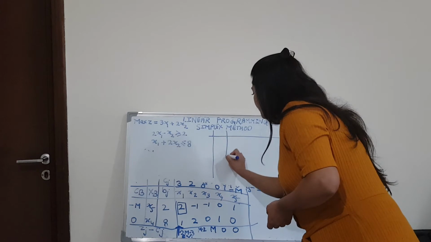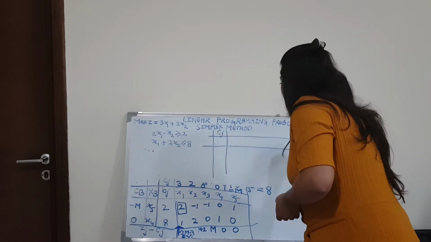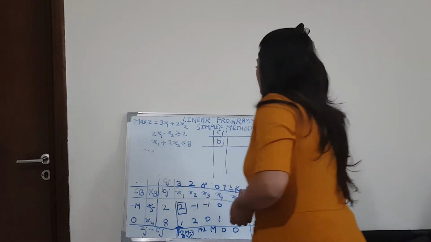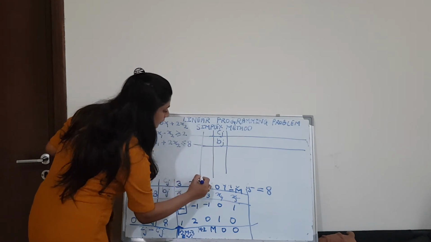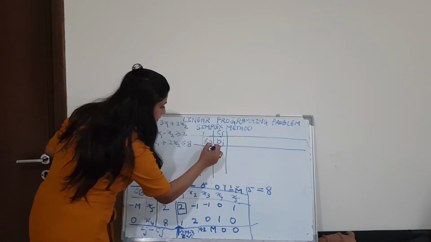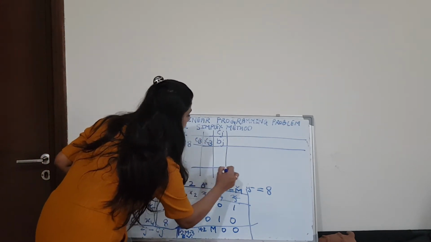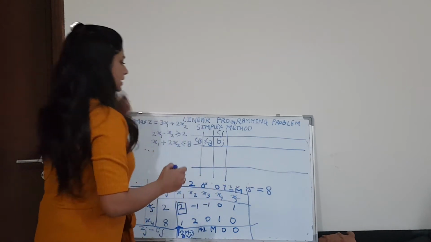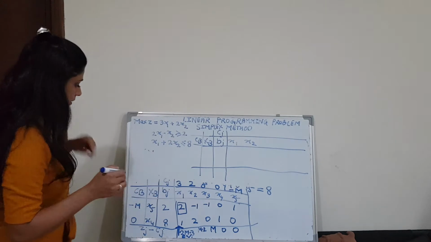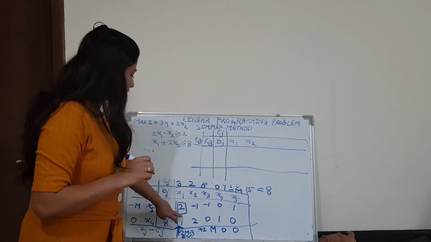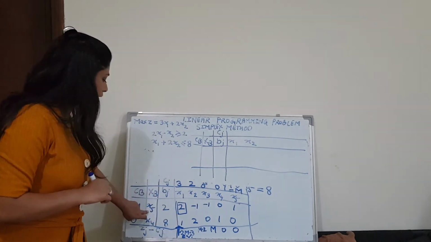The Cj row is the same. Below Cj is Bj. Here XB and here CB. XB and CB. Here we have X1, X2. One more thing: the outgoing vector we are getting from here and the variable is X5.